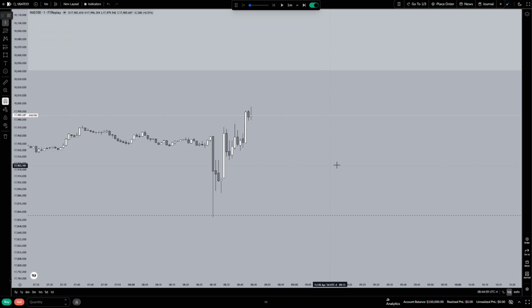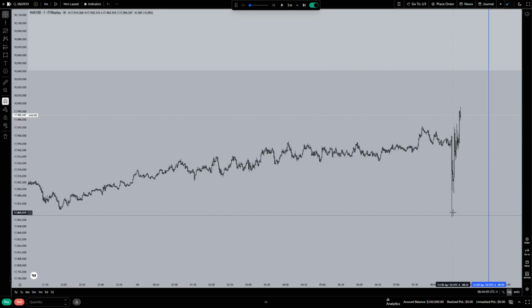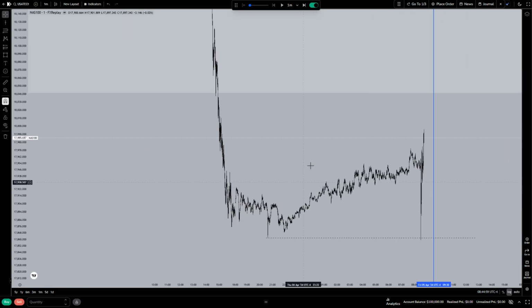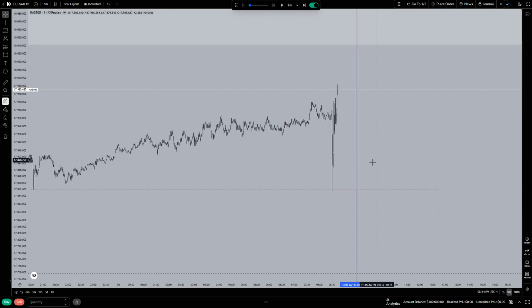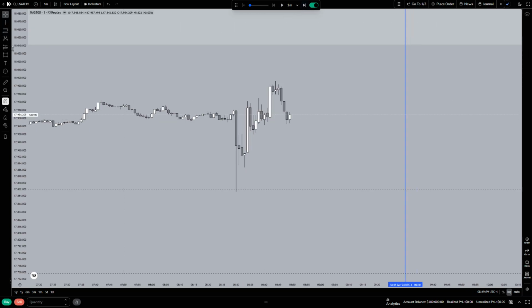Now that I've missed that little inversion long, it could have been a good higher time frame long right at this inversion. This inversion was created after this big down move swept all these lows. And what remains now is a retracement, or in other words, a distribution. So here we're moving back into that level.